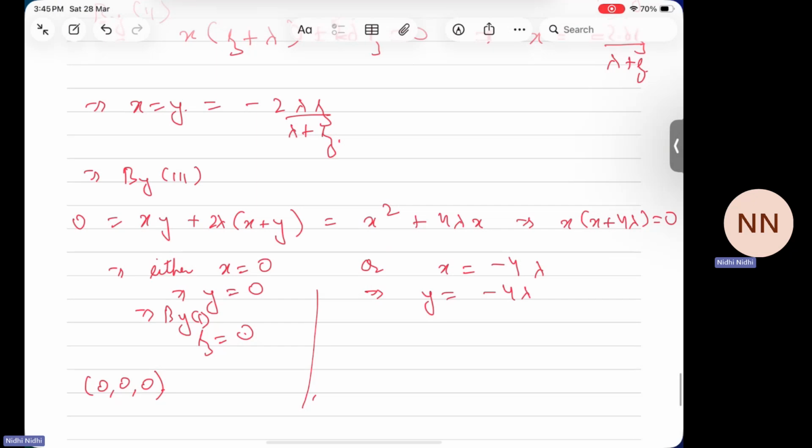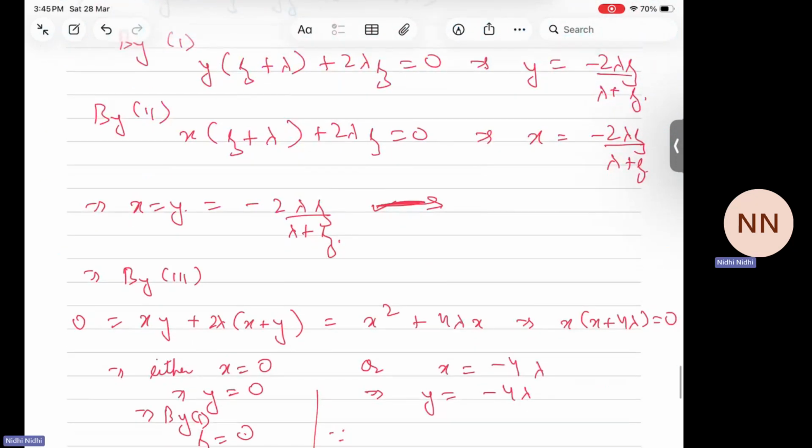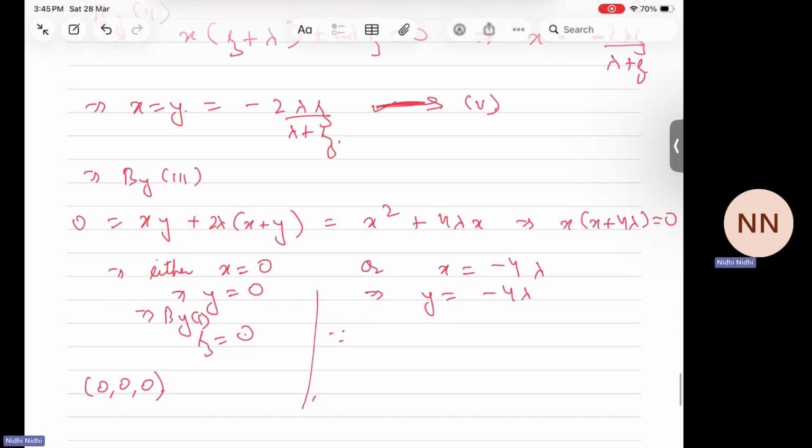And if I mark this as equation 5, by 5 we get minus 2 lambda z upon lambda plus z equals minus 4 lambda.